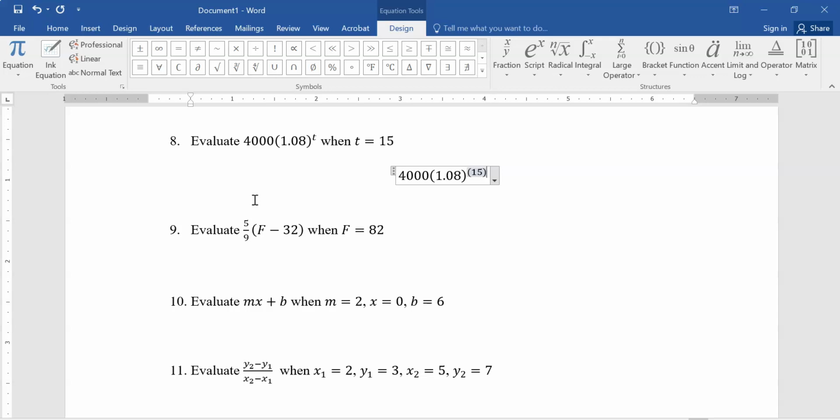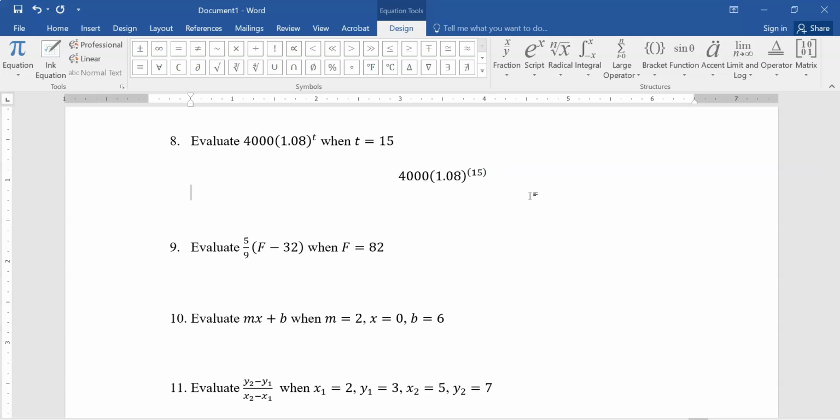Now I type these expressions in all in one line on my calculator. So I do 4,000, parentheses 1.08 in my other parentheses, and then do caret 15. So I like doing this expression all in one line on my calculator and then coming up with an answer.